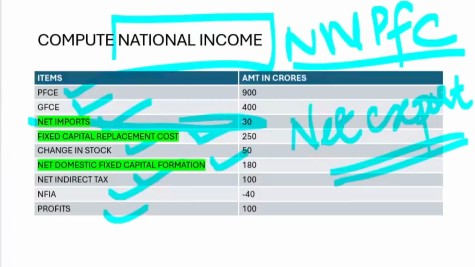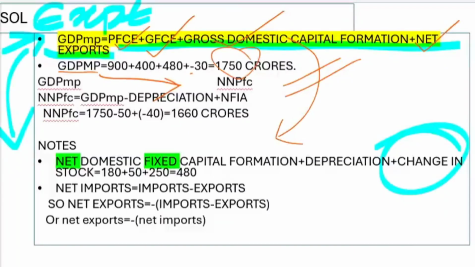PFC 900, GFC 400. Then net imports, we took the negative. Then the capital. Gross domestic capital formation was what we needed, and from the term given there, we converted it, because fixed capital replacement cost, I already mentioned, is equal to depreciation. It is another term for depreciation.